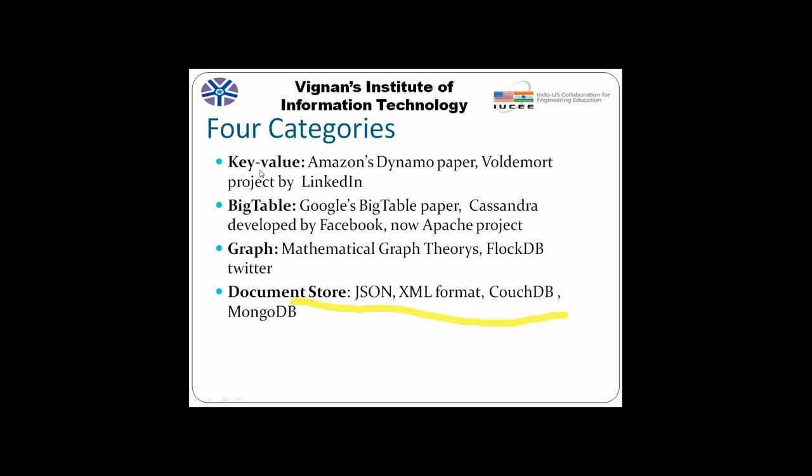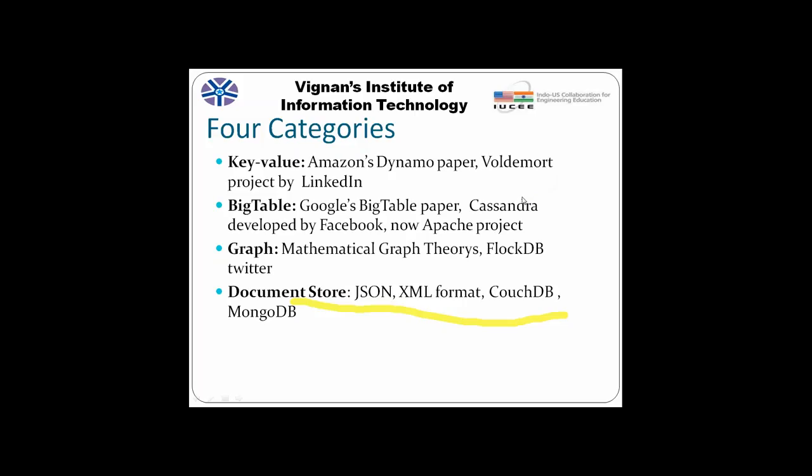Even our MongoDB also falls in this category. The big table category is Google's big table paper. Cassandra is one more important thing. If time permits, we are going to discuss Cassandra also in our webinars, because the famous NoSQL products in the market are HBase, Cassandra, and MongoDB.